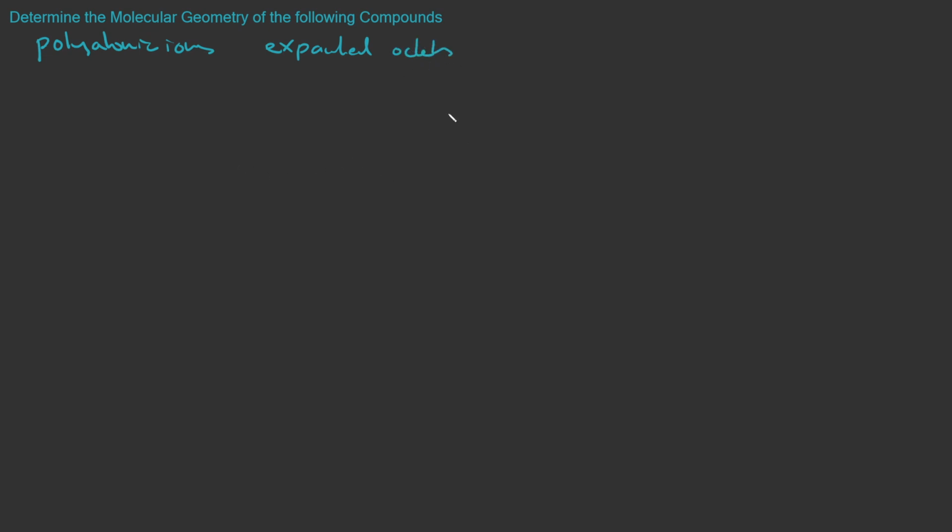And so let's go through an example of an expanded octet that is relatively easy to follow along, and that is XeCl4. And so whenever we do this, we have to first always draw the Lewis dot structure.